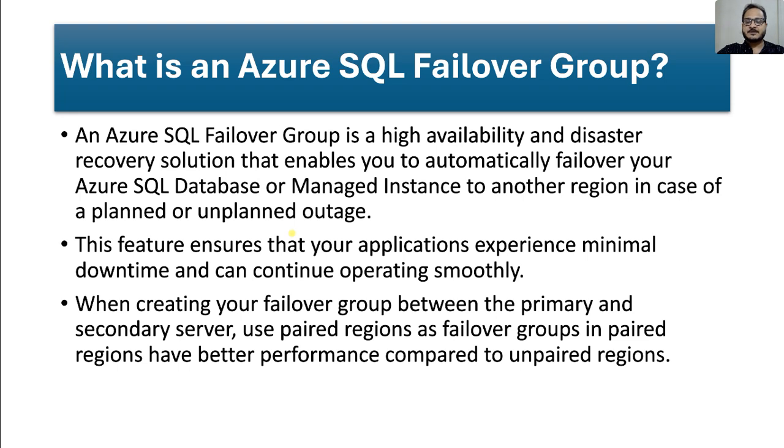I'm just saying this as an example, this is not a paired region, but you can check the list on the official Microsoft documentation site. If you are using a paired region, you will not see any performance issue. You can also use an unpaired region to configure the failover group, but it is recommended you use a paired region so you will not face any kind of performance issue.